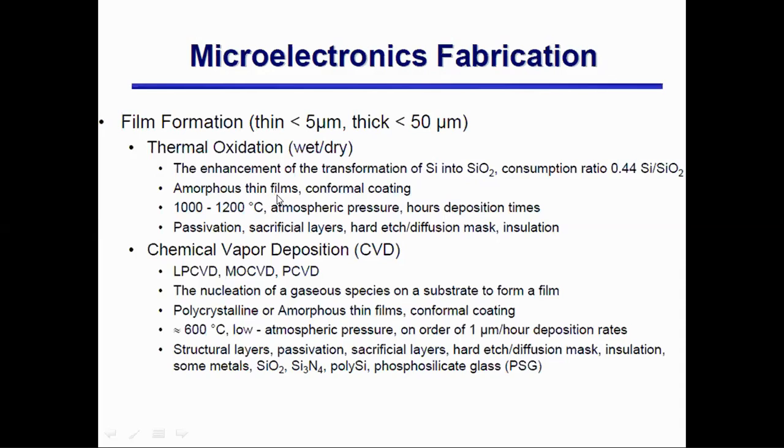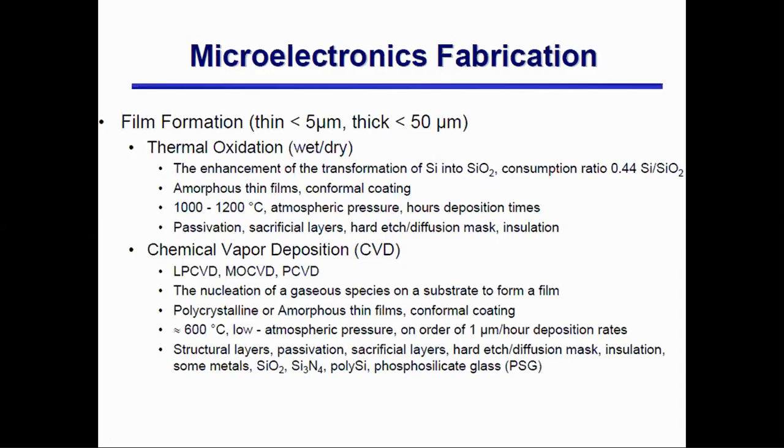The film of silicon dioxide which would be formed on top of the silicon wafer would be amorphous. Normally this deposition process inside the furnace takes place at 1000 to 1200 degrees C at atmospheric pressure, with hours of deposition time, depending upon how thick a silicon dioxide layer you want on the silicon wafer.